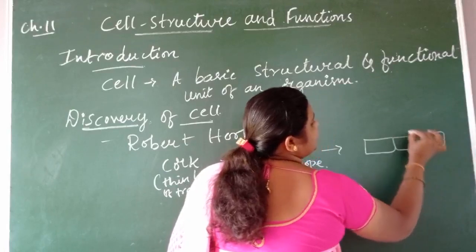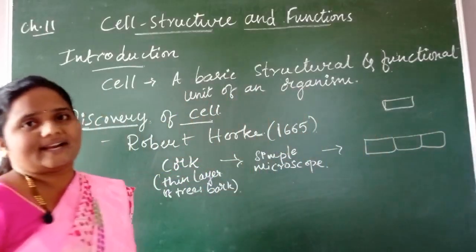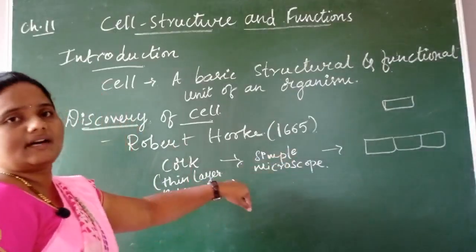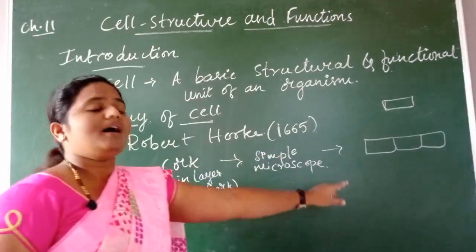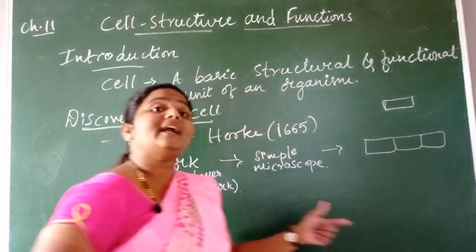Generally, what is the shape of bricks, children? You'll get a rectangular shape. In the same manner, Robert Hooke observed the cells as partitions or compartments.